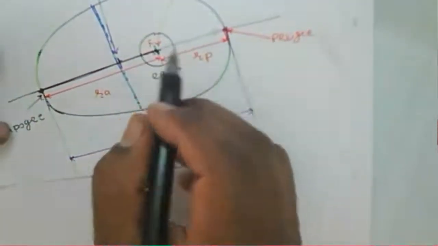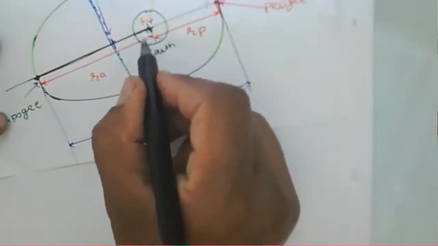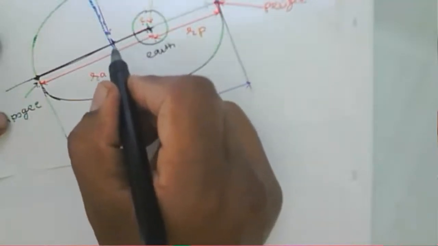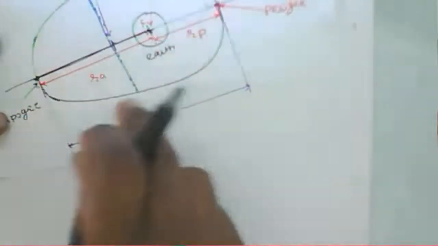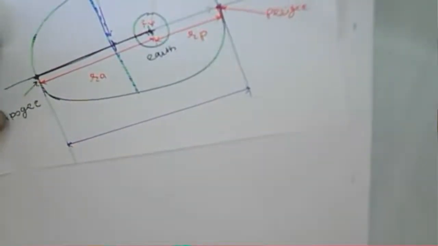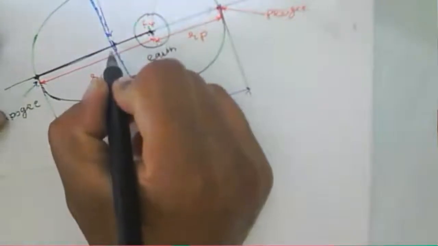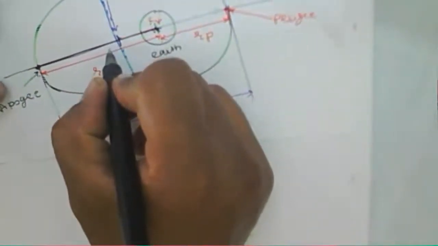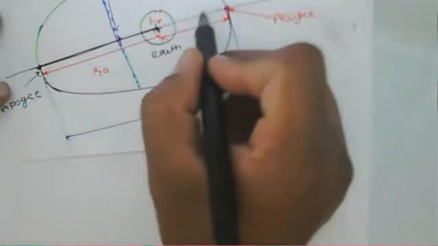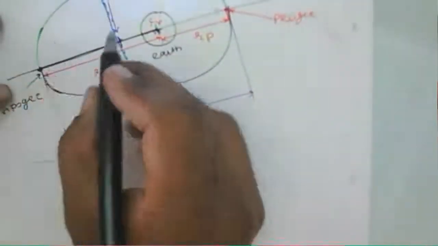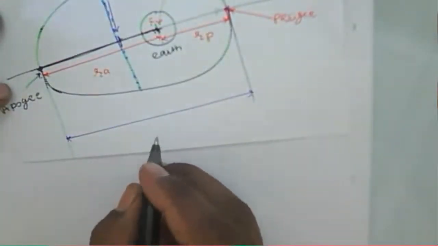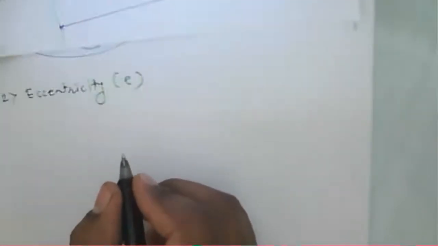If this focus point merges, if the eccentricity ratio reduces, the focal point will merge at the center of this ellipse. Generally it will look like a center, and the distance from the center will be the same.